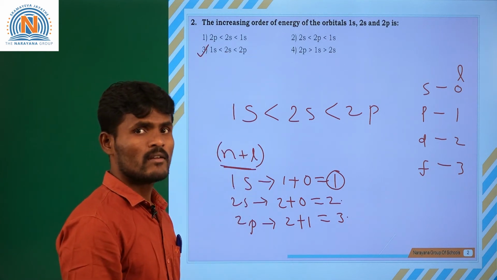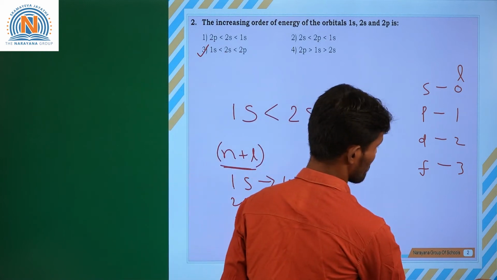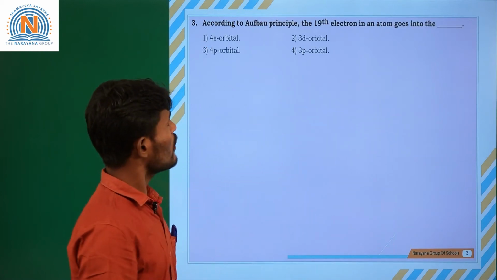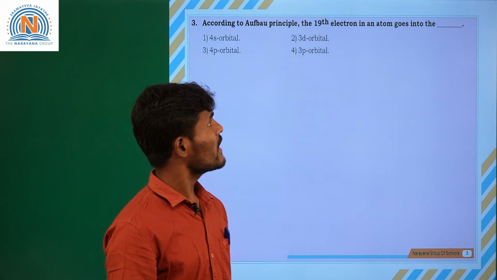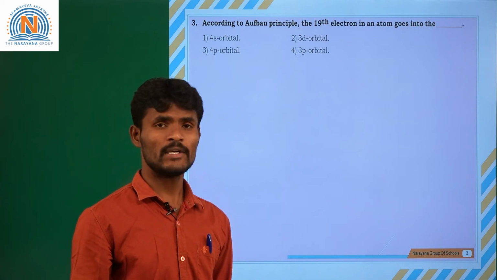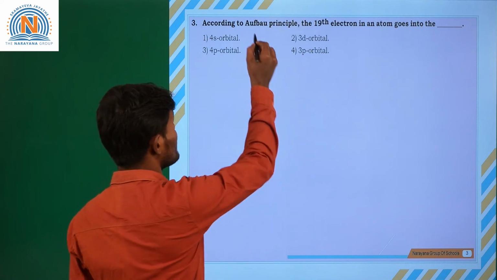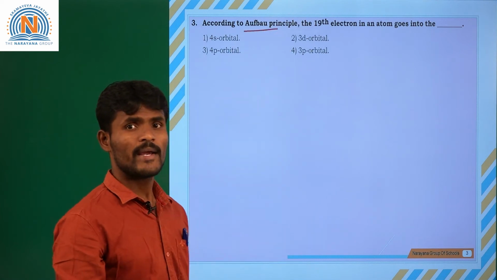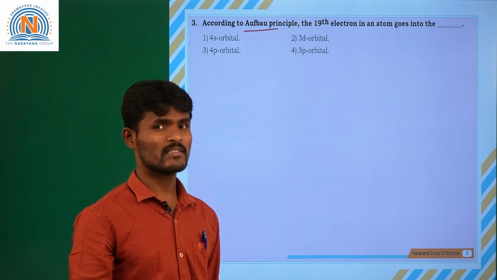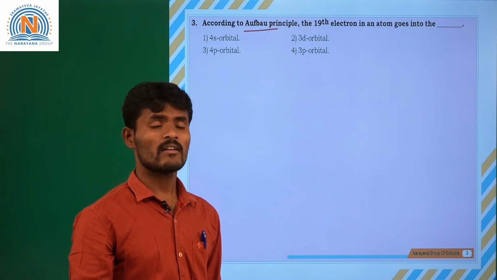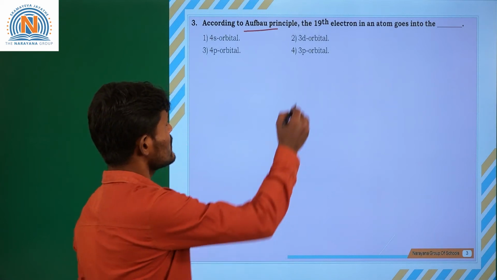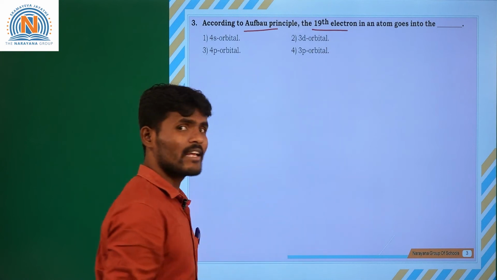Next, come to the third question. According to the Aufbau principle, the 19th electron in an atom goes into the... What is the meaning of Aufbau principle? In German, Aufbau means building up or construction. Here they have mentioned the 19th electron.